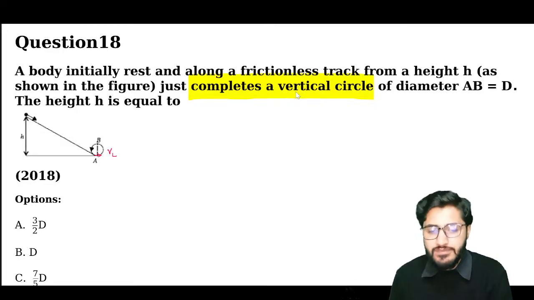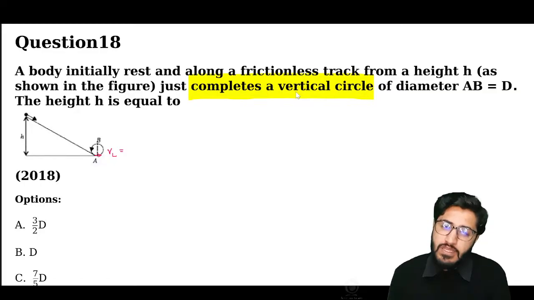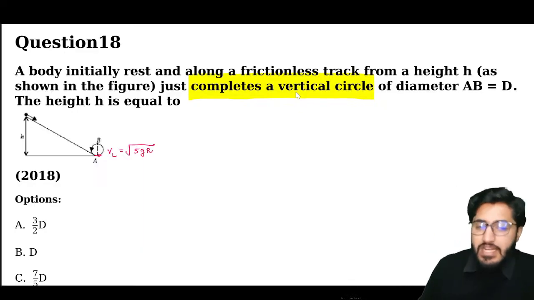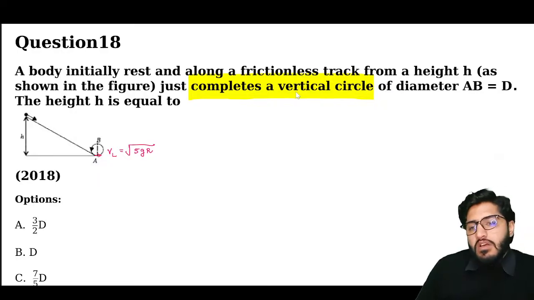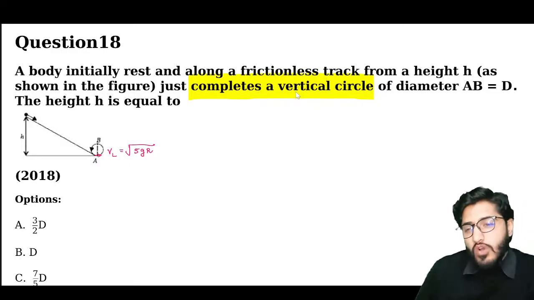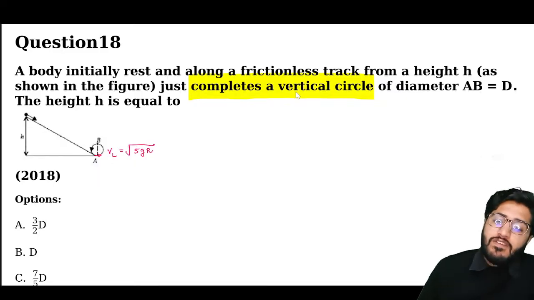It should be a minimum of under root of 5 r, where r is the radius. So if this particle needs to complete the circle, its velocity at the lower point should be a minimum of root 5 gr.